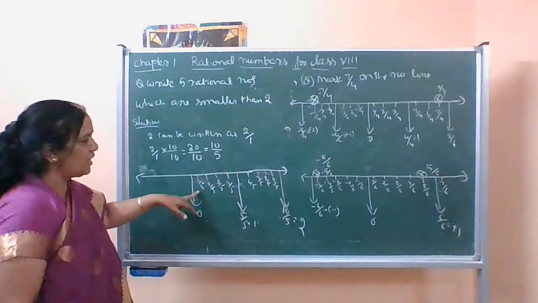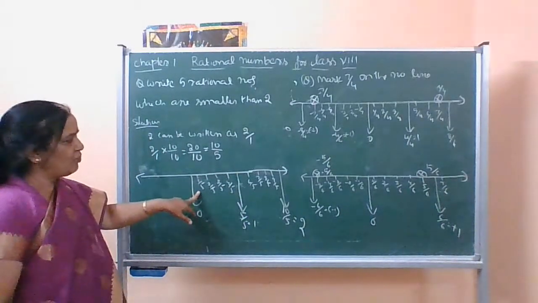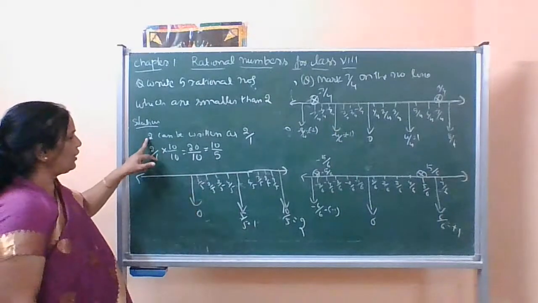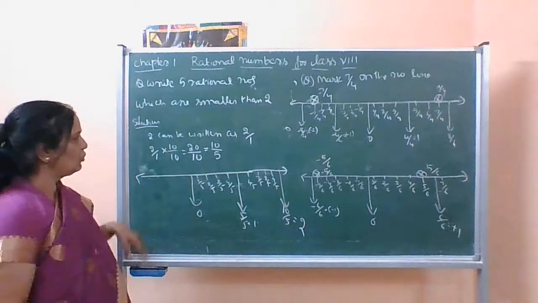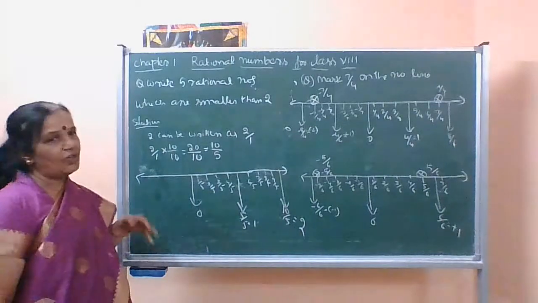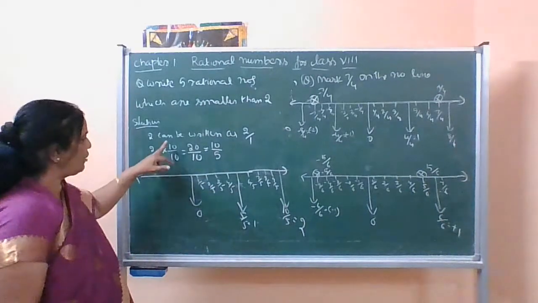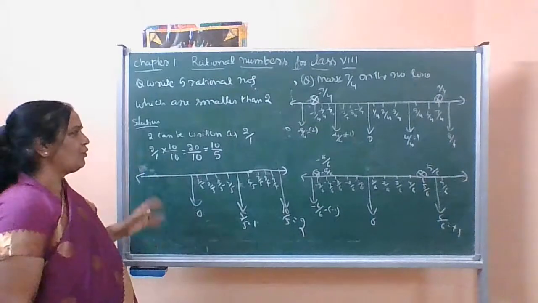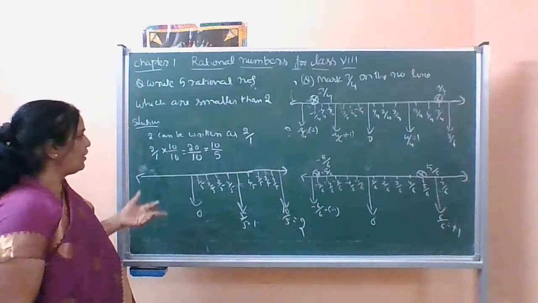All these rational numbers are smaller than 2. What we did? 2 can be written as 2 by 1 and we multiplied both numerator and denominator by the same number. I multiplied by 10, and if you want you can multiply by 5 also.